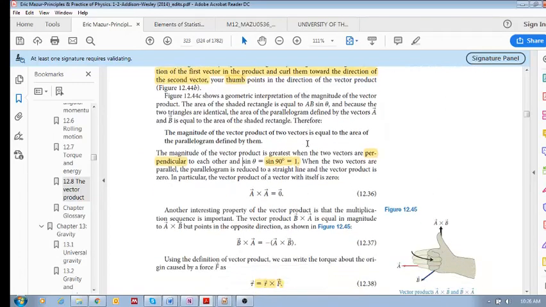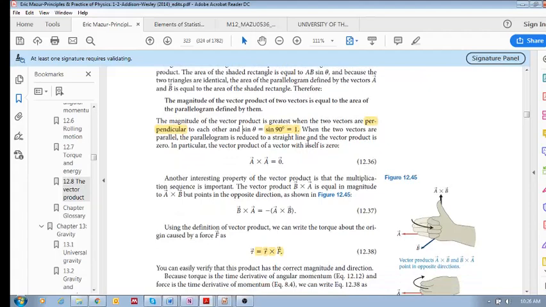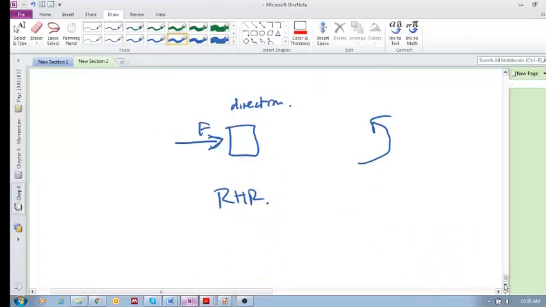Important. If two vectors are perpendicular, theta equals 90, and sine of 90 equals 1. So what does this imply now, especially with regards to torque?